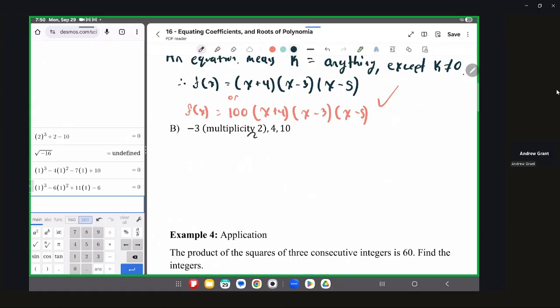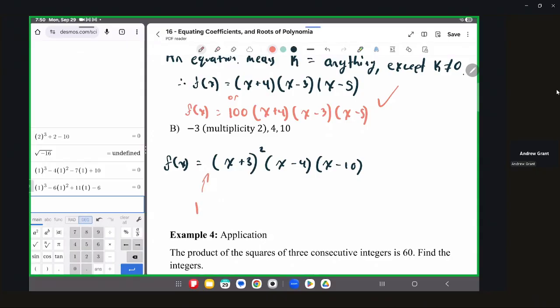Okay, so multiplicity 2, so we could have, say, f of x is equal to x plus 3 squared, because it's got to be multiplicity 2, times x minus 4 times x minus 10. And that's an equation, I should say, that is a graph that does this. You could put anything you want for k.